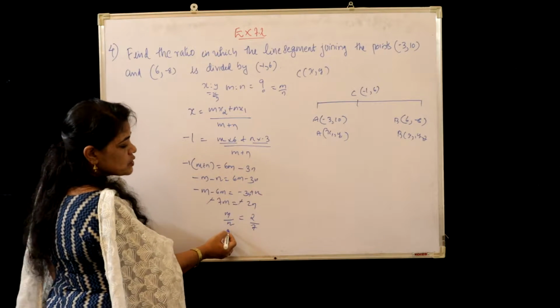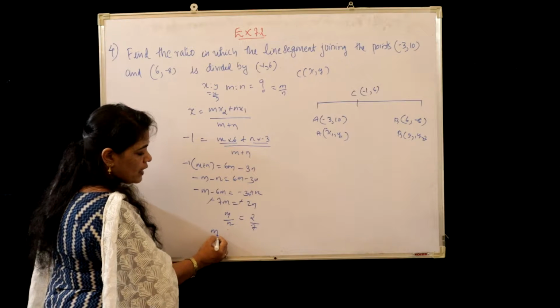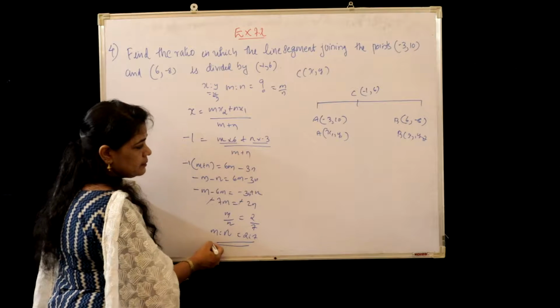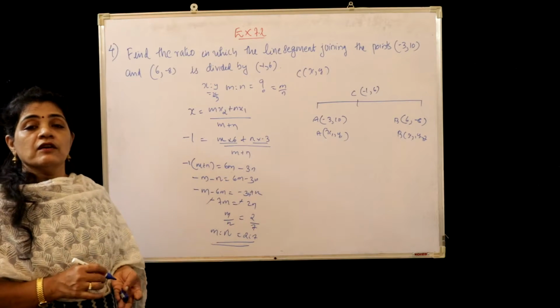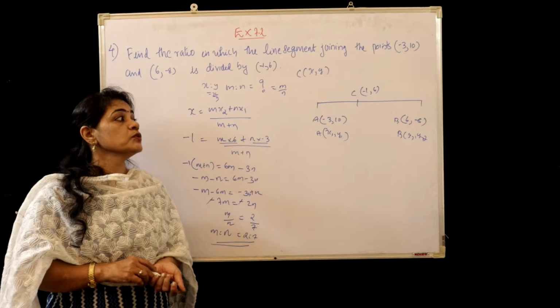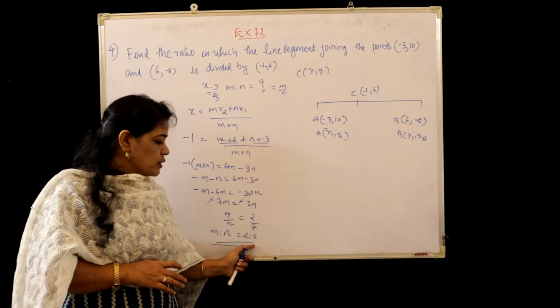That means m divided by n is 2 divided by 7, or m is to n equals 2 is to 7. So this is the ratio in which the point C(-1, 6) is dividing the 2 points, in the ratio 2:7.